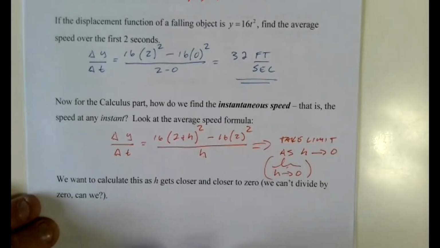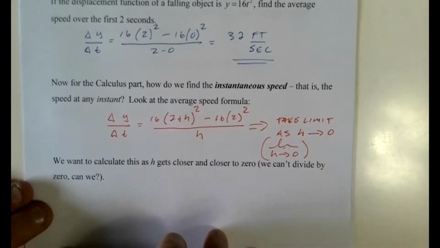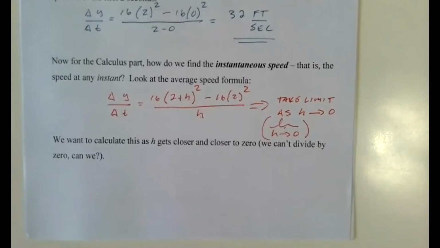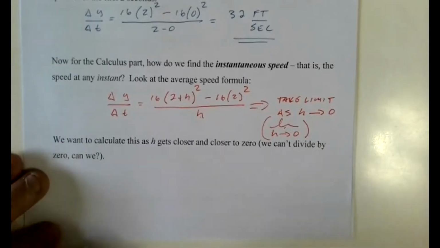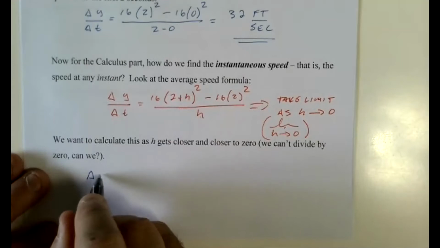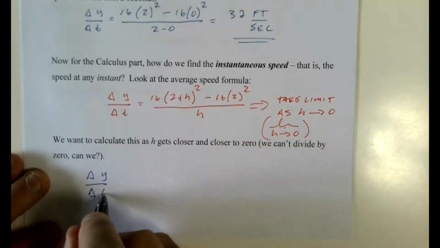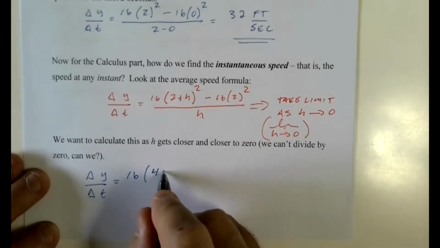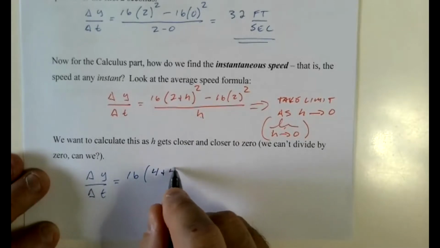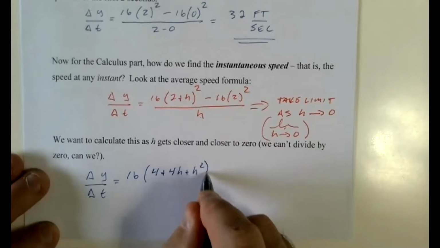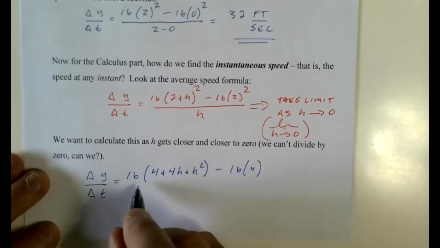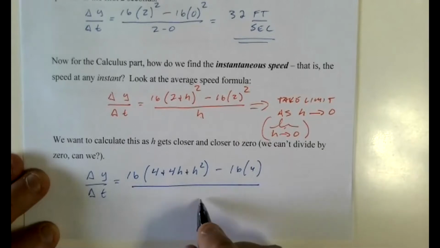All right. So, how do we do this? There's got to be some magic way we can do that. And we call this the long way. All right. So we multiply it all out. 16 times, let's distribute this part. 4 plus 4h plus h squared minus 16 times 4 all over h.